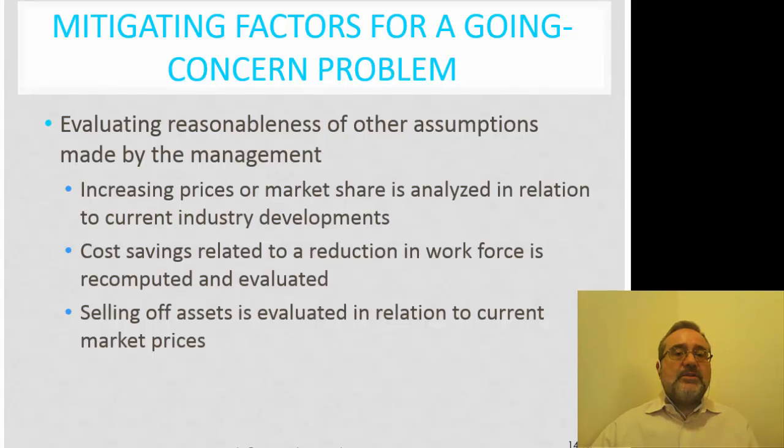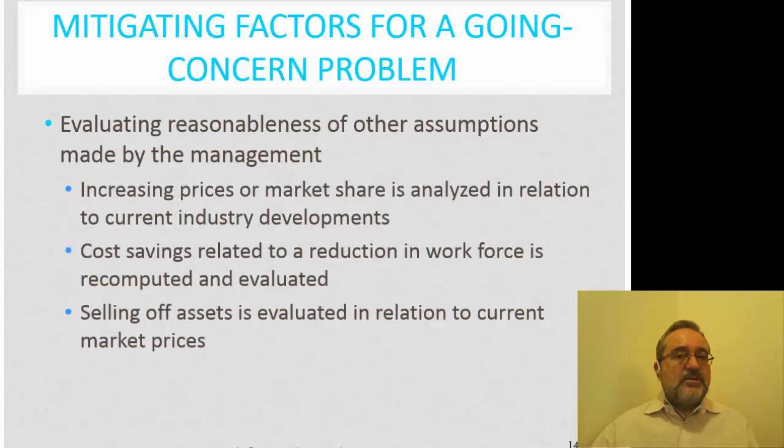We need to evaluate these assumptions, such as increasing price or market share in relationship to other developments. Cost savings related to a reduction in force may be evaluated and recomputed, identifying how this is going to impact the organization. Perhaps the organization is in the process of selling off assets.